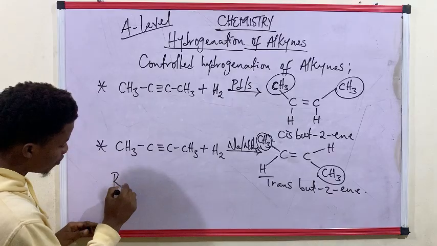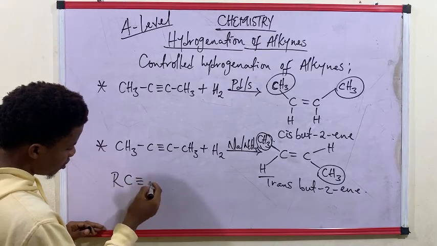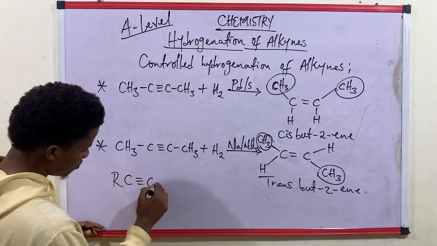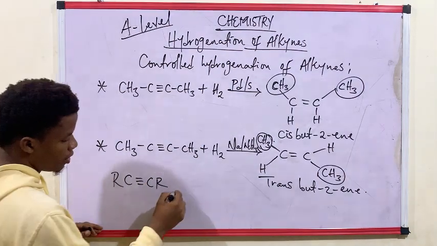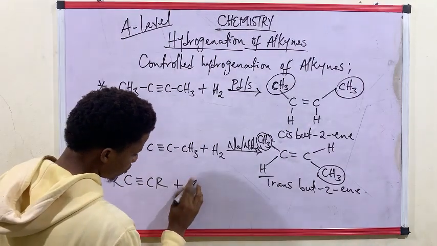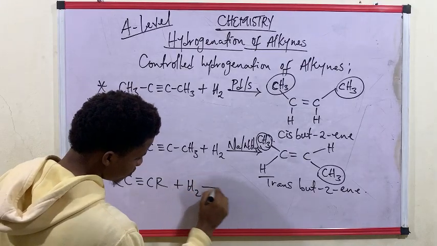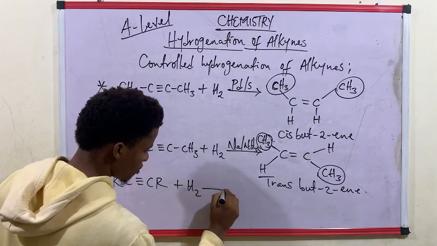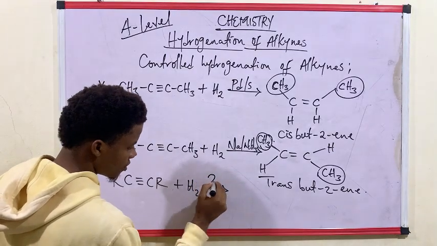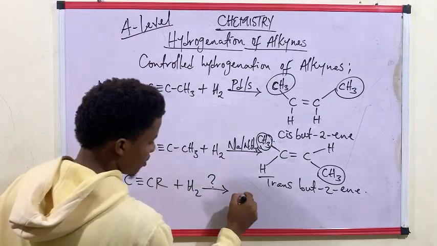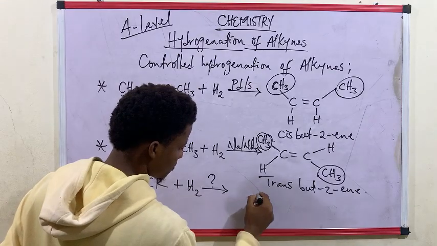Let's say I decide to do this. Let me say R, then C triple bond C, then R, then plus H2. I put a question mark here. Then finally I got something like this.